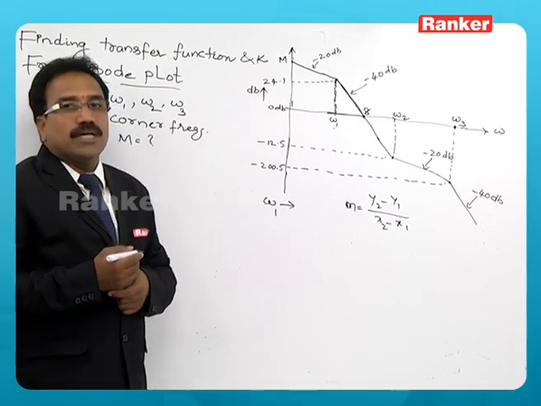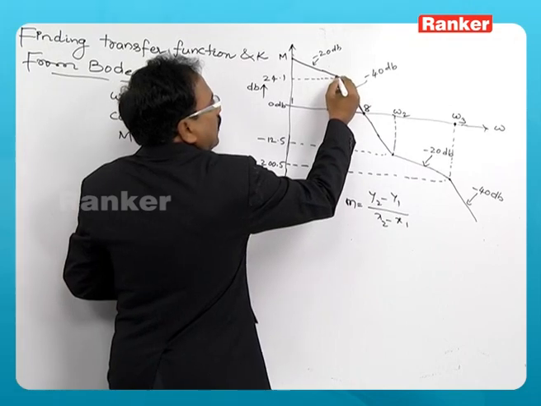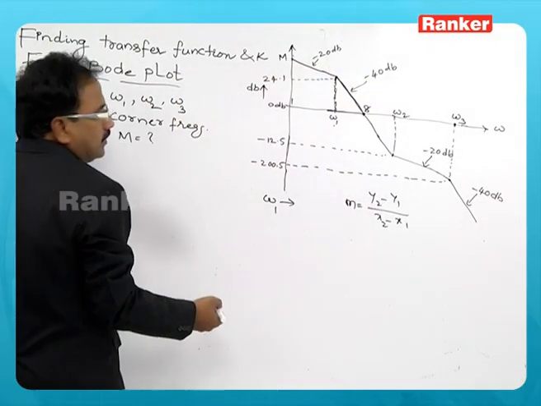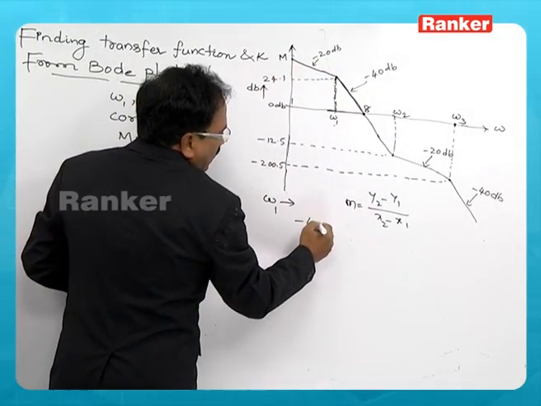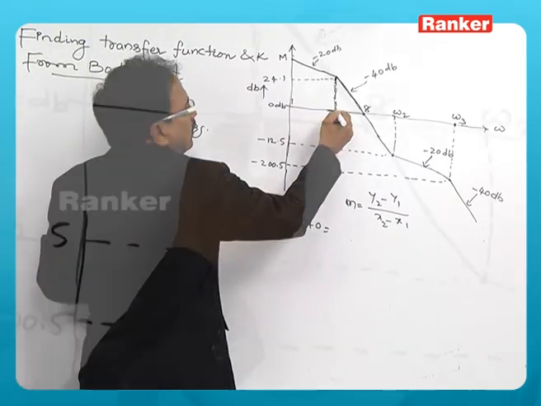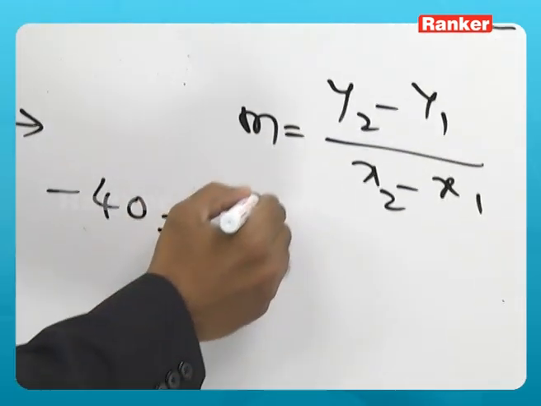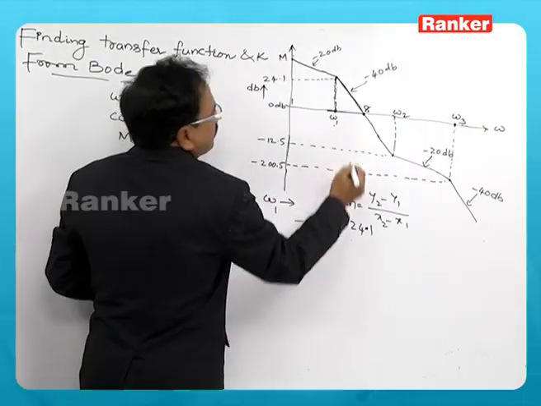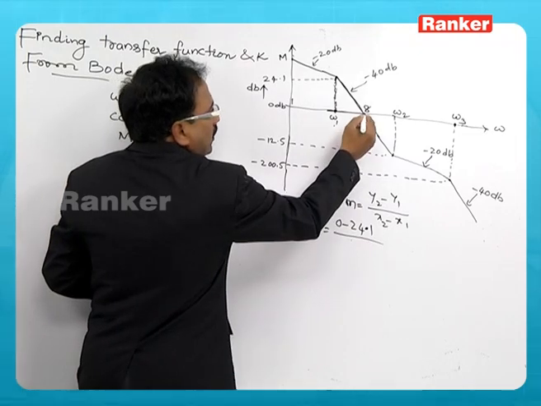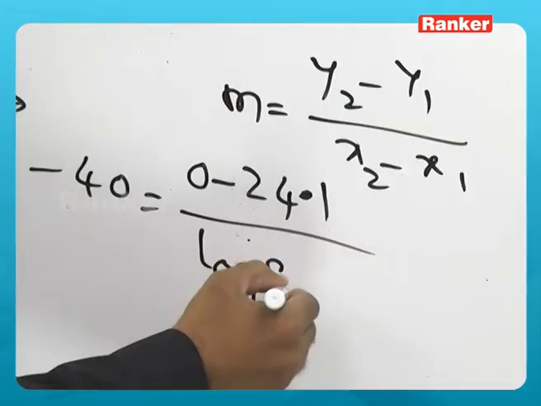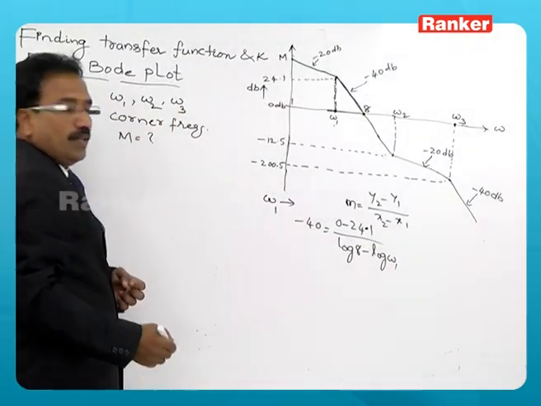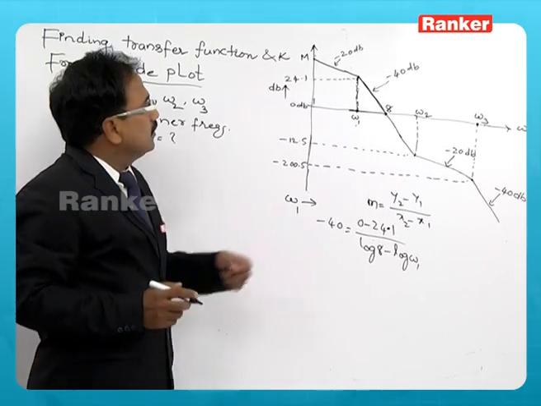The slope is given as minus 40. The magnitudes here, 0 dB and minus 24.1, are the y coordinates, and the x coordinates are logs, because it is taken on log scale: log 8 minus log omega 1. So this is the expression to determine omega 1.